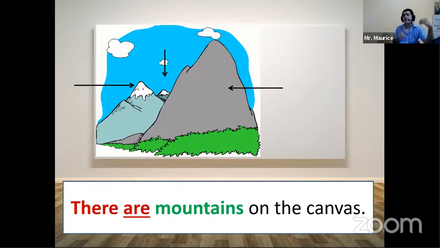Ya no va a ser there is. Now it is there are. It's plural. There are mountains on the canvas. You see? There are. It's plural. Or, if you want to be specific, we can say there are 3 mountains on the canvas.